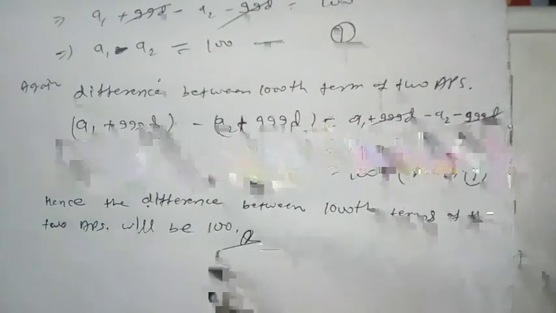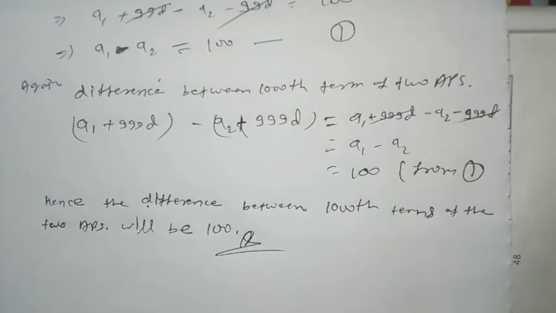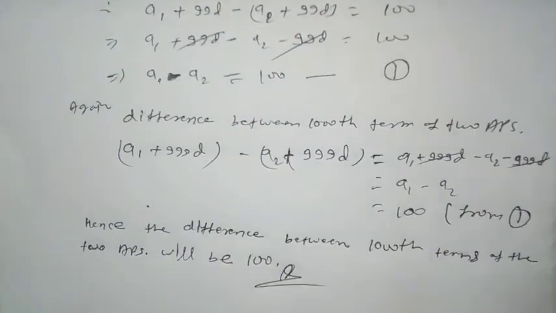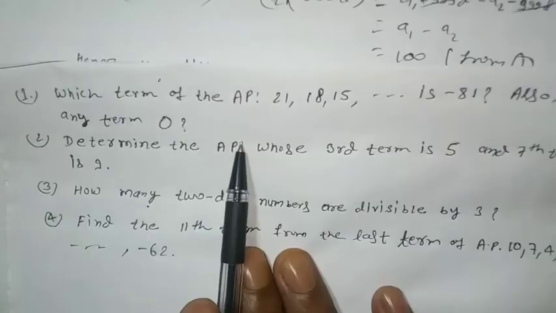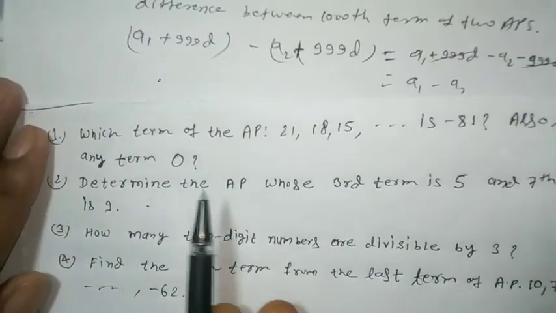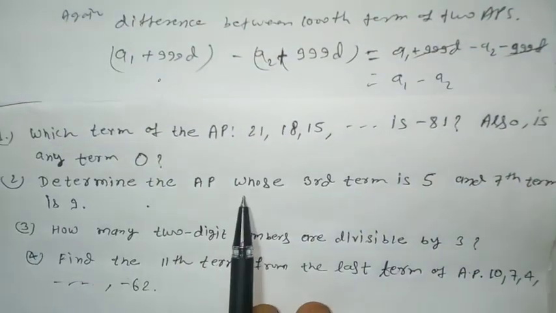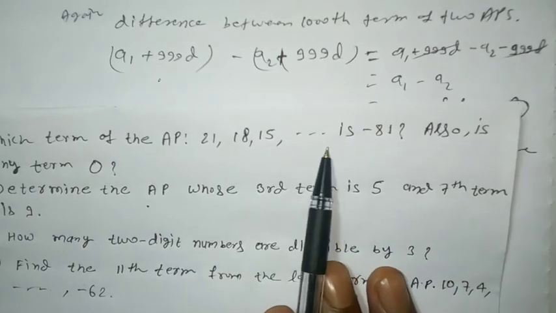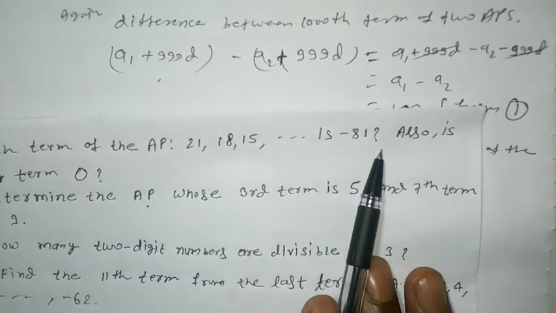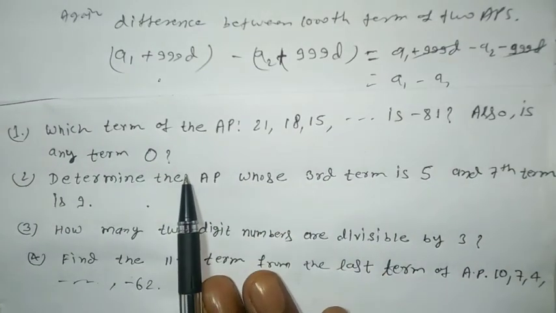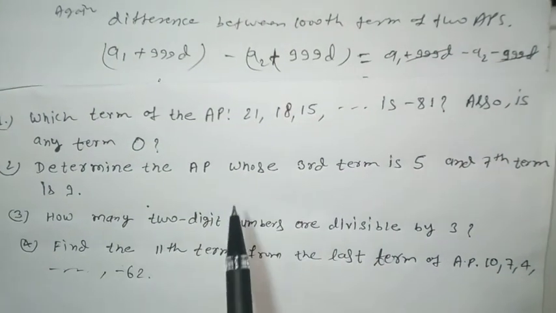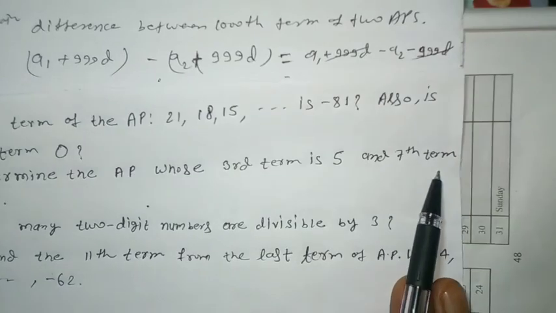Now I am giving you some questions for practice. There are 4 questions for your practice. The first, which term of the AP 21, 18, 15 and so on is minus 18? Also, is any term 0? Determine the AP whose third term is 5 and the 7th term is 9.